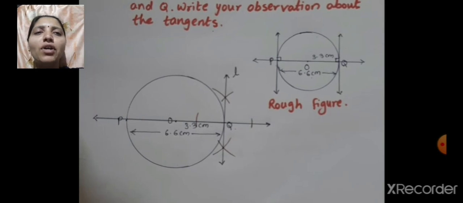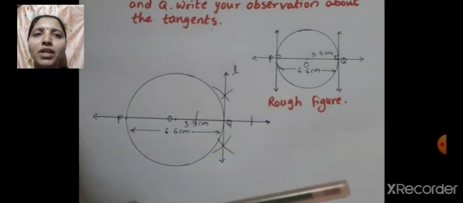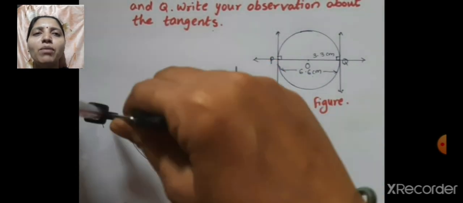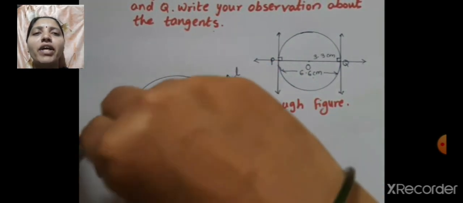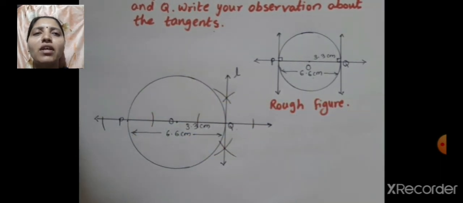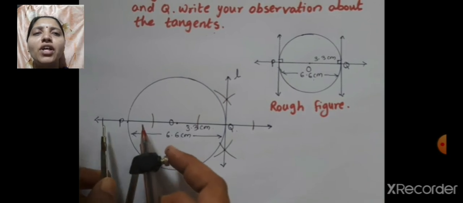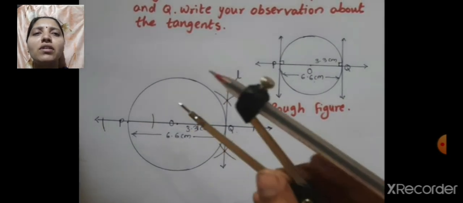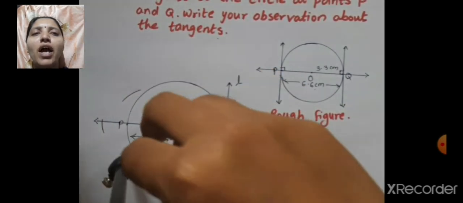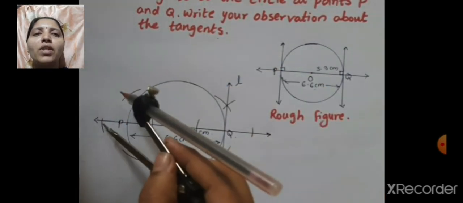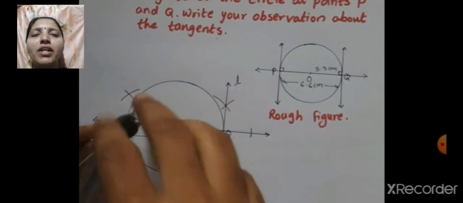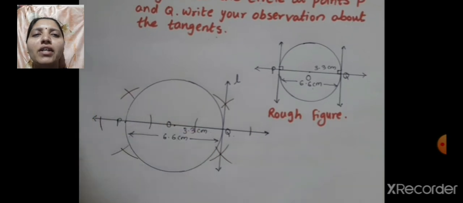Now you have to draw the tangent at point P. Again put the pointer on point P. On the left make one mark, and on the right-hand side also make one mark. Now take more than half the distance in the compass, and draw one arc above and below. Again on the second mark put the pointer and draw an intersecting arc above and an intersecting arc below.